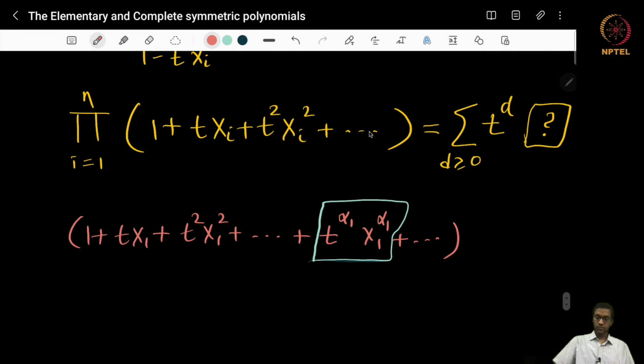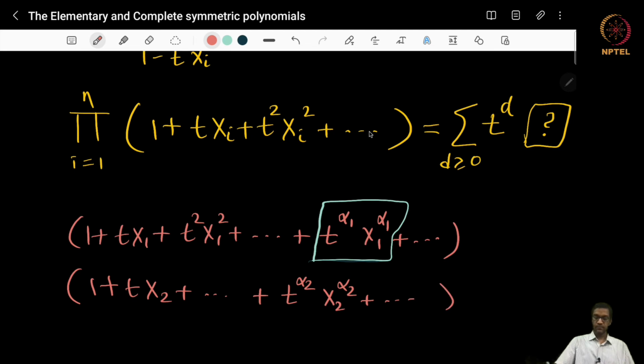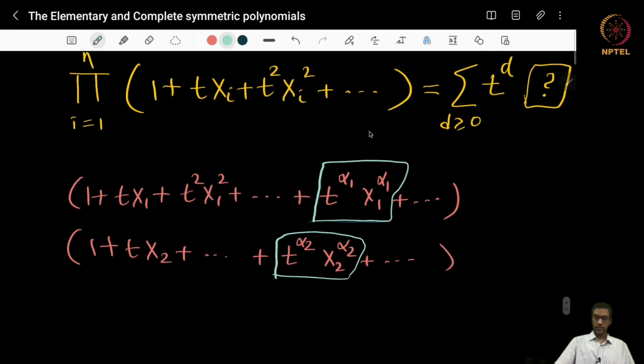Now what term will I choose from the second bracket? Some such term, similarly t power alpha 2, x2 power alpha 2, and so on. I keep going like this until from the last term I choose some t power alpha n, xn power alpha n.